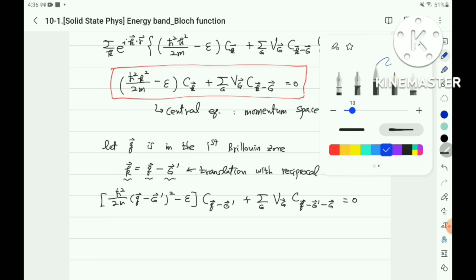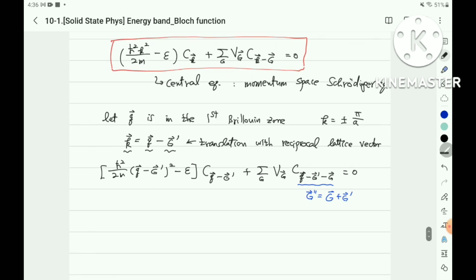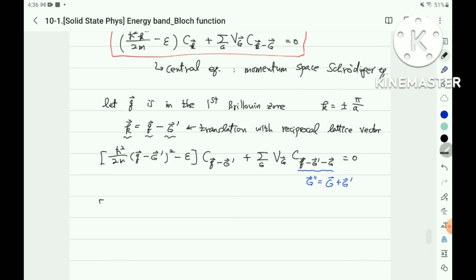Here let's denote G2 prime as G prime plus G. Then this equation becomes h bar squared over 2m times (q minus G prime) squared minus energy, times c_(q minus G prime), plus the summation over G2 prime, where G is G2 prime minus G prime, of V_G c_(q minus G2 prime), equal to 0.